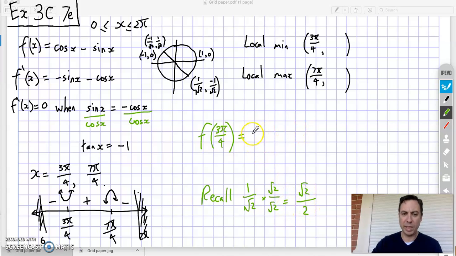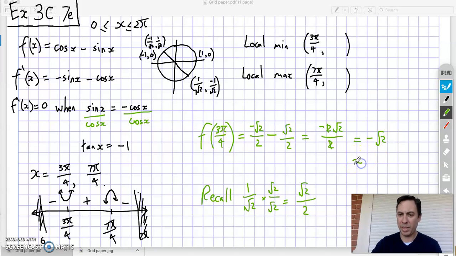So what we've really got here is a minus root 2 on 2 minus the sine of 3 pi on 4, a root 2 on 2, which would equal minus 2 root 2's over 2, which equals minus square root 2, right?